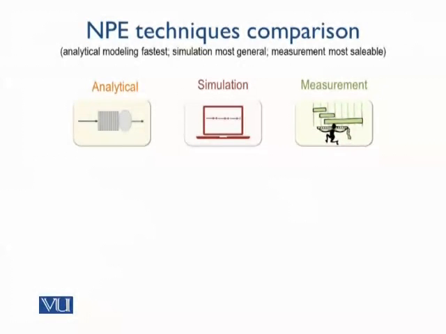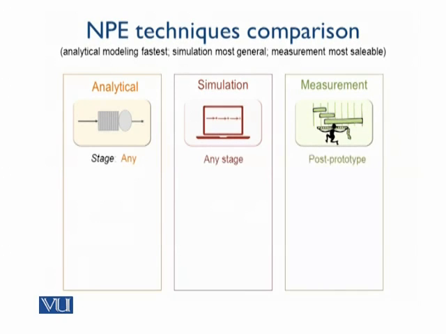So let us start this discussion on the comparison between the three different techniques: analytical modeling, simulation modeling, and measurements. So if we consider the stage at which these techniques are applicable, then analytical modeling is applicable at any stage. For example, you don't need to have a prototype or an existing system. You may do it before the system is built.